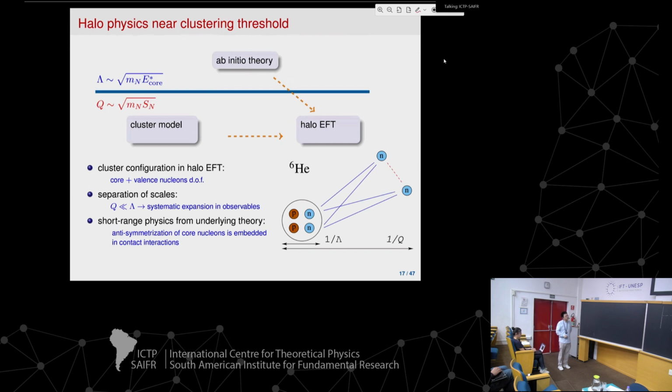But this part is not explicitly included in the clustering picture. This type of information can be included in some contact interactions. So basically, you can put this information into the halo effective field theory interactions.